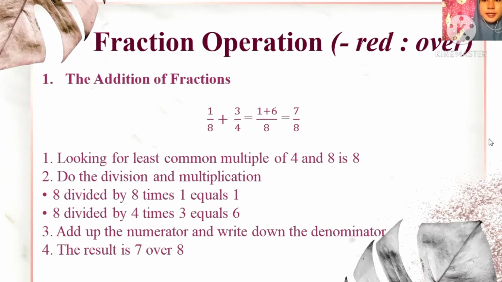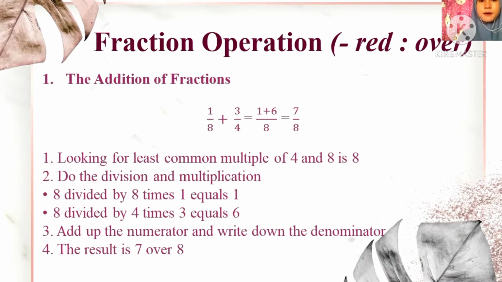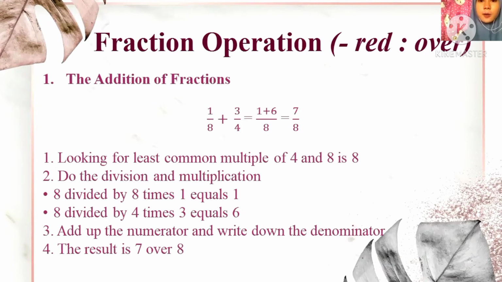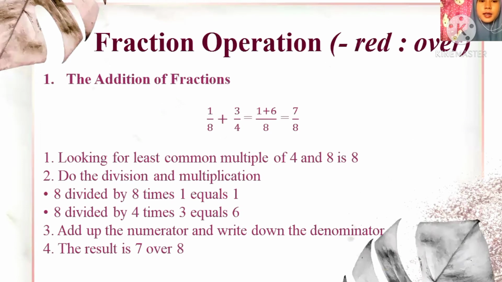Fraction operation. Read over. The first, the addition of fractions. For example, 1 over 8 plus 3 over 4 equals 7 over 8. The steps are, first, looking for the least common multiple of 4 and 8, which is 8.